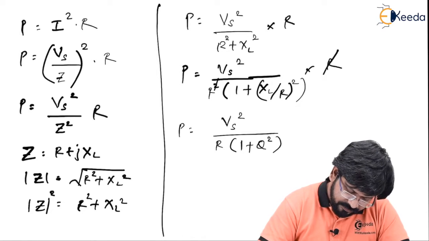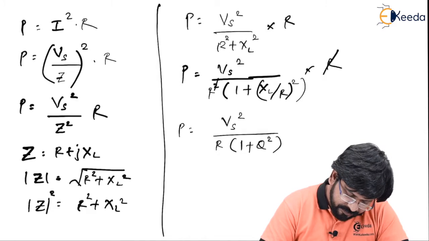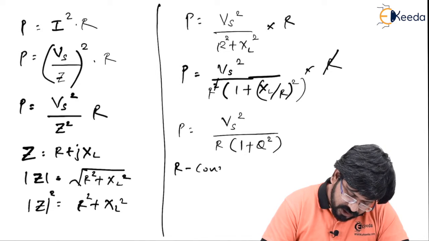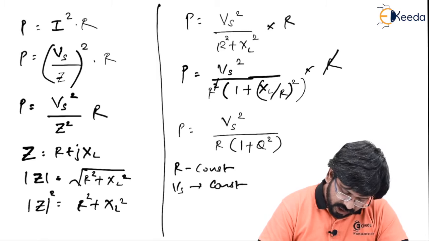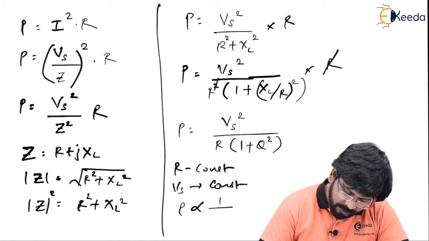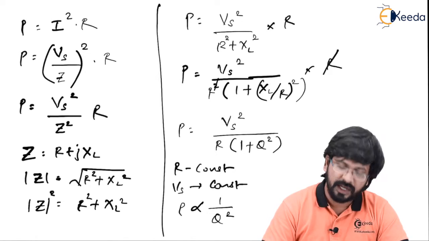So what we can see, in fact, it is given data: R is constant, Vs, that is rated voltage, is also kept constant, only Q is varying. So can't I say that P is inversely proportional to Q square? I am sure you understood this.